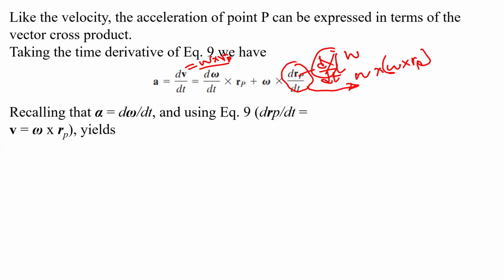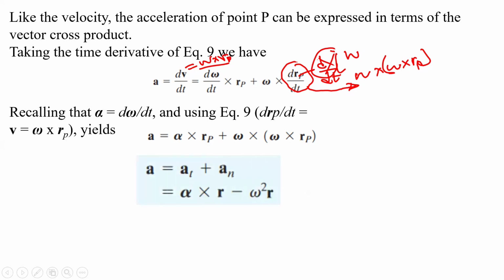So A will be alpha cross RP, plus omega cross, and this is omega cross RP, as shown here.